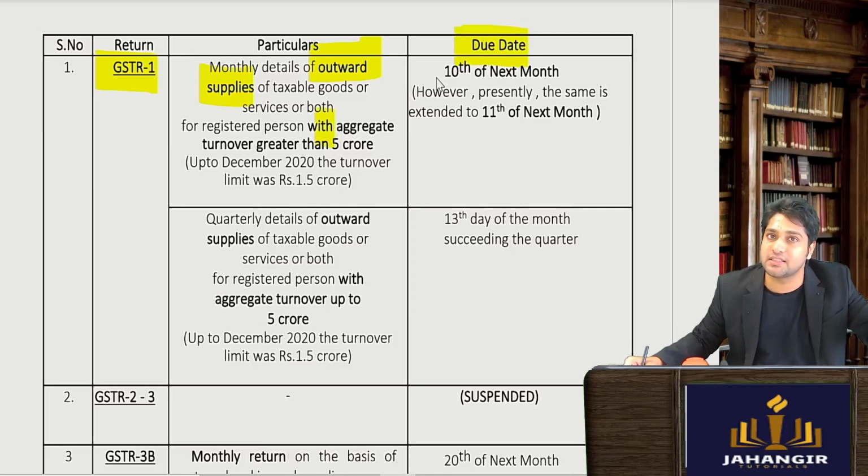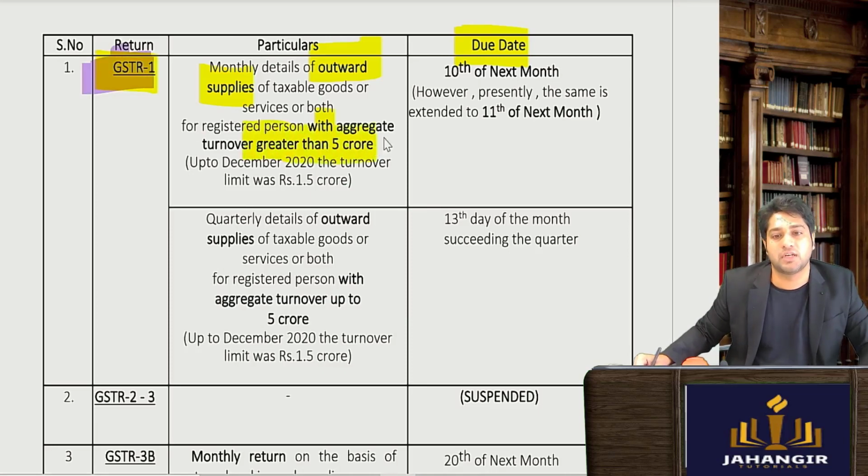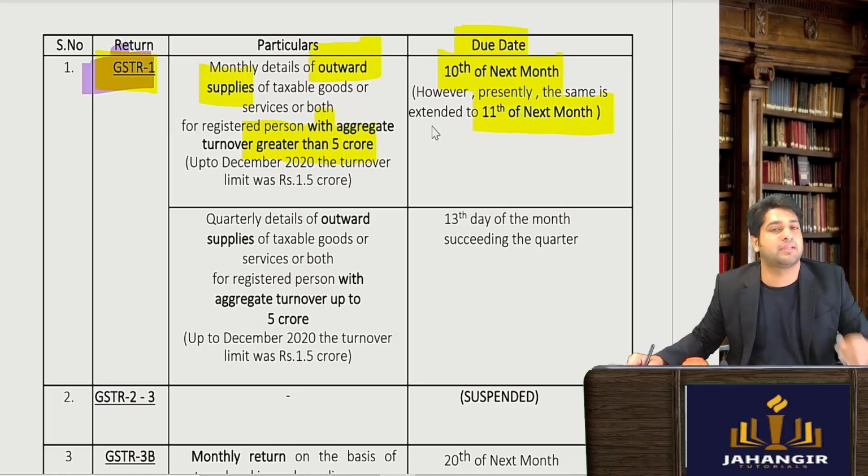Details of my sales मेरे को कब तक रिटर्न फाइल कर देना है? GSTR 1. So it is saying if for a registered person with an aggregate turnover of greater than 5 crores, due date is the 10th of the next month. However, presently it is being extended to 11th of the next month.